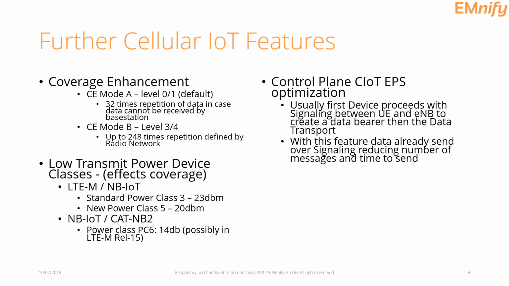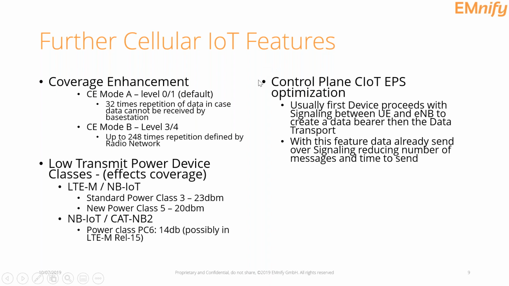In regular LTE, it's usually 23, sometimes 26 dBm. With LTE-M, you have the 20 dBm power class. And also now with narrowband Cat2, there's a new power class 6, which is 14 dBm. There it's still unclear if it's also available in LTE-M.